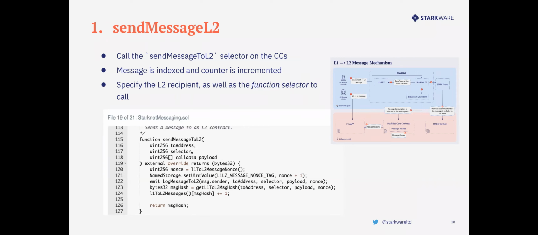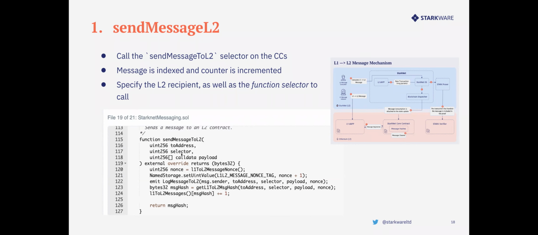So this is again the function on the L1 contract, the core contract. So you can see it receives the to address. This is the address on L2 that is going to receive this message. It receives a selector.